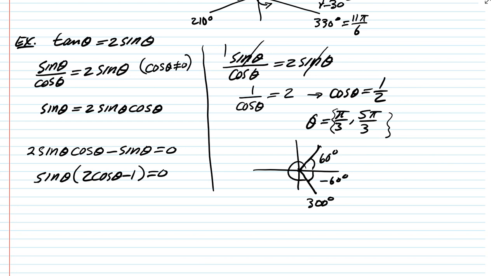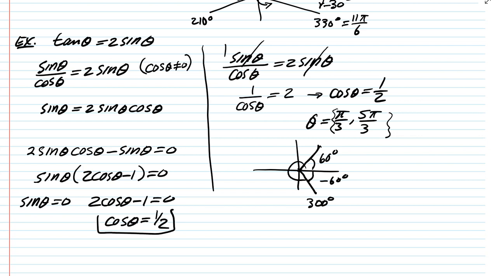And by the zero factor property, each factor may be 0. And of course I get the familiar cosine theta equals a half, which is exactly what we found here, right? So the solution to this portion is just as before. So I'm going to pick up pi over 3 and 5 pi over 3.